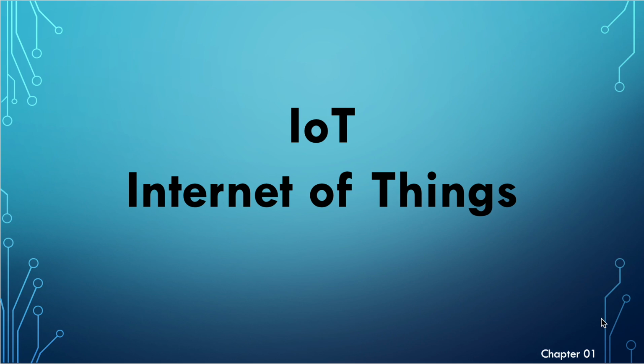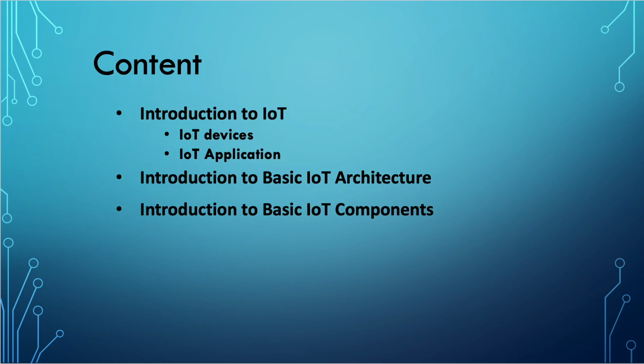So we will start the course taking our introductions. That would be the first thing. But before that, let's go to the table of contents. This would be chapter 1, and in chapter 1 we will be taking an introduction to IoT.